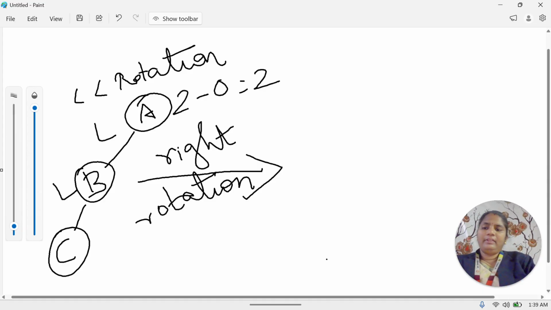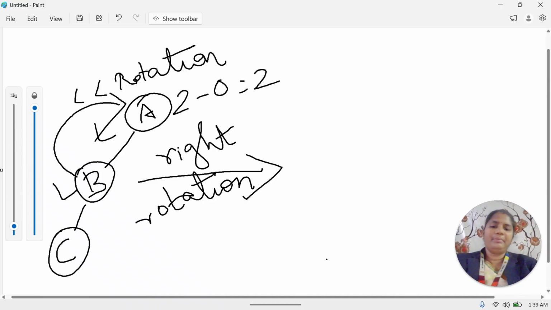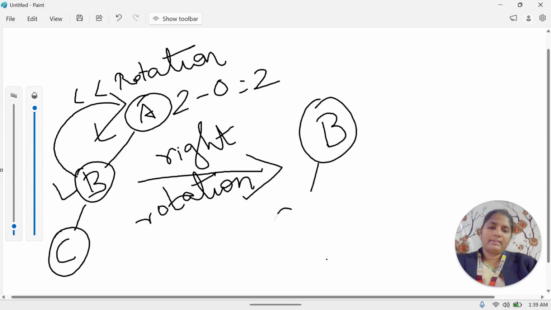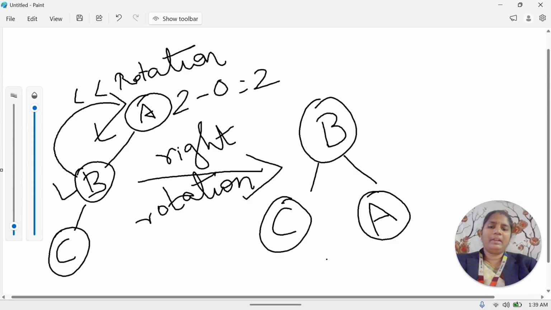That means we are going to make B the root, so B comes in the center, with C and A on either side. This becomes the right rotation. So the first one, the left-left formation: if you see it like this, you are going to perform a right rotation.